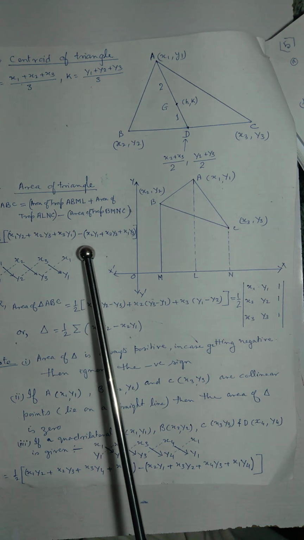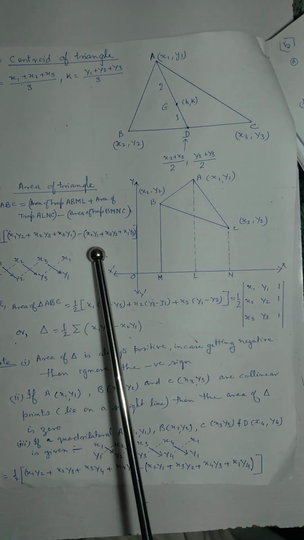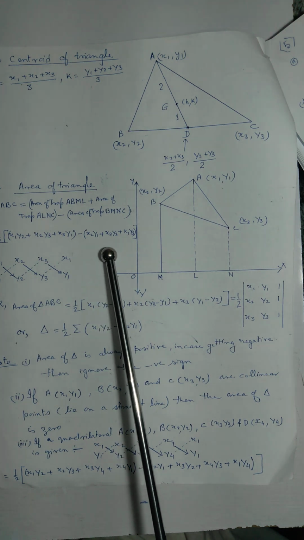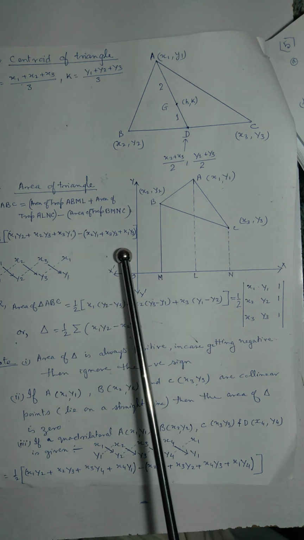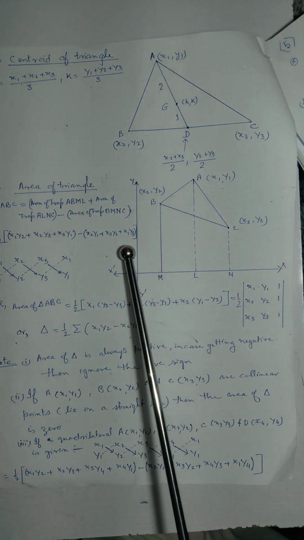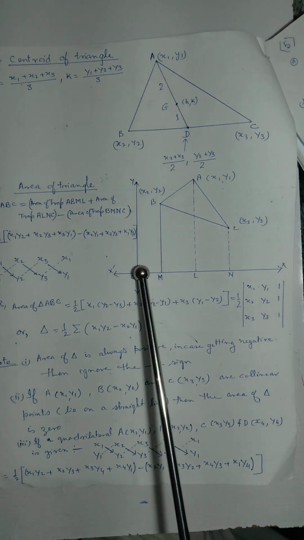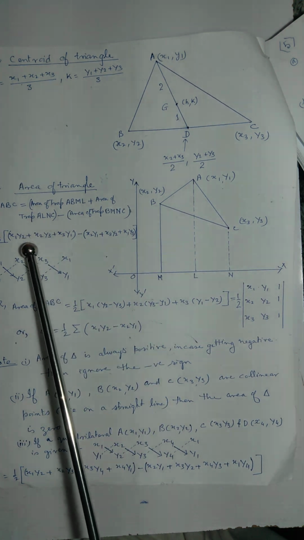In the second bracket you write down x2 into y1 plus x3 into y2 plus x1 into y3, bracket closed. This is the one formula.